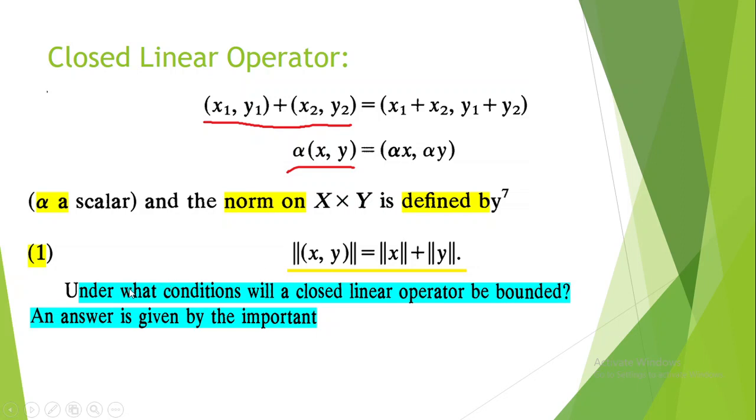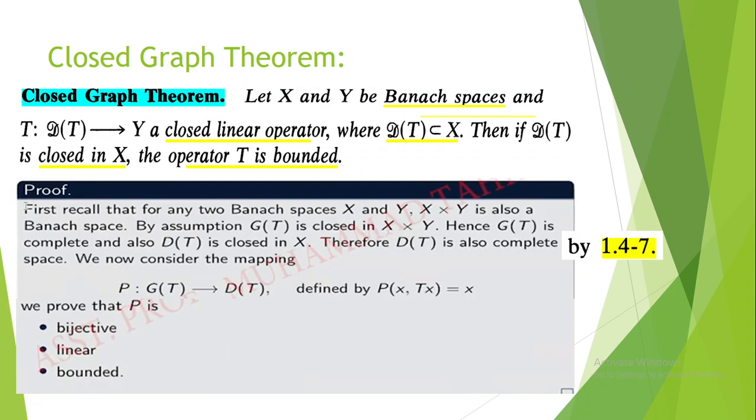Now we are in a position to state and illustrate the closed graph theorem. Under what conditions will a closed linear operator be bounded? The answer is given by the important theorem, the closed graph theorem.